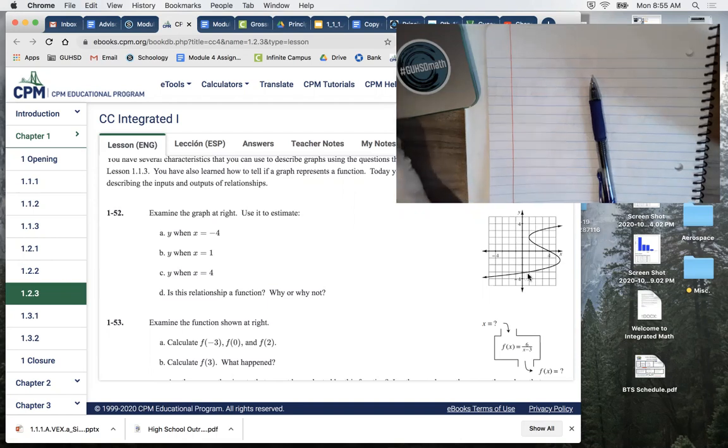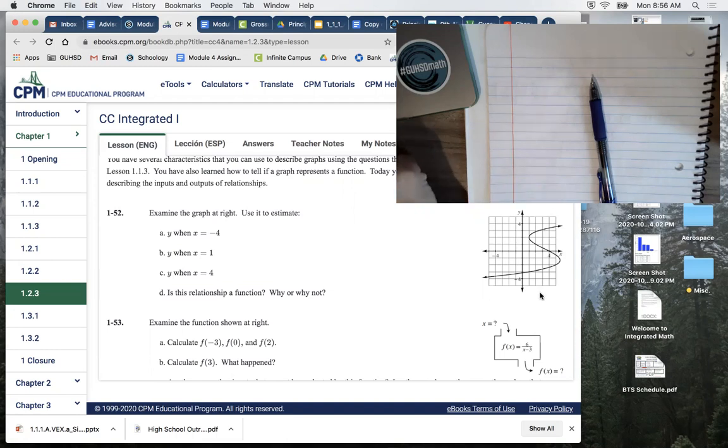We see it again when it asks for when x is 4. We see that same concept again. y could be about, let's say, 3.2 or 0. There's another point. When x is 4, it could be 0. It could also be this value right here, which might be -2.2-ish.